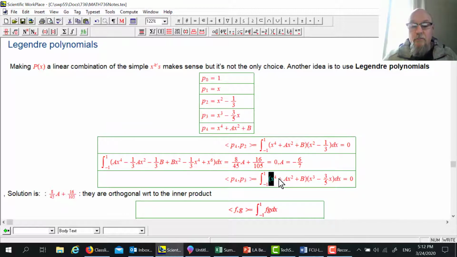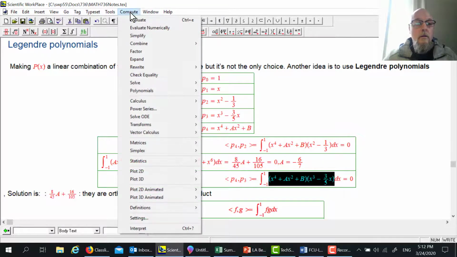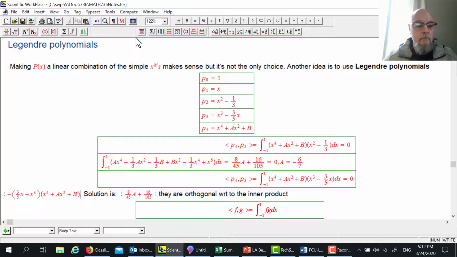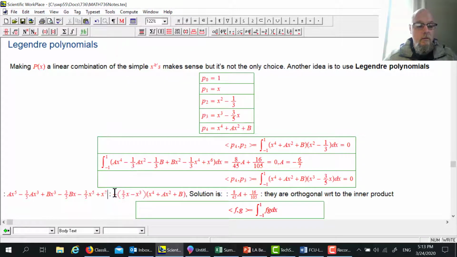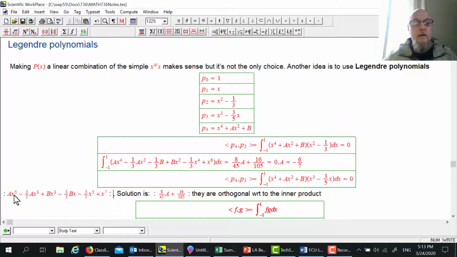Now when we expand this out, when we expand it out, oh wait, that's all odd powers.